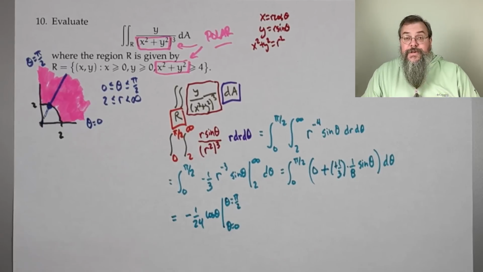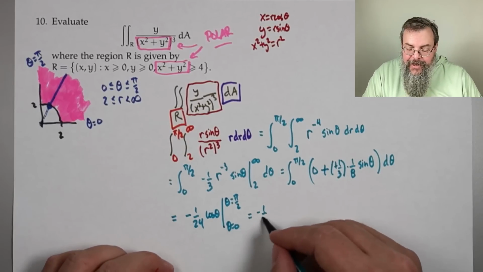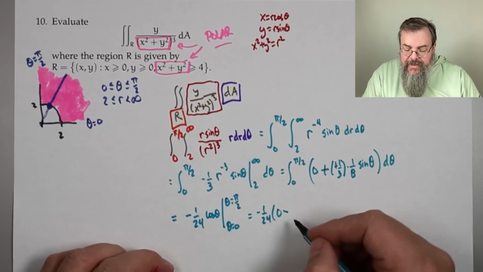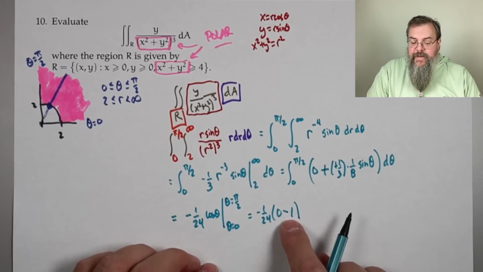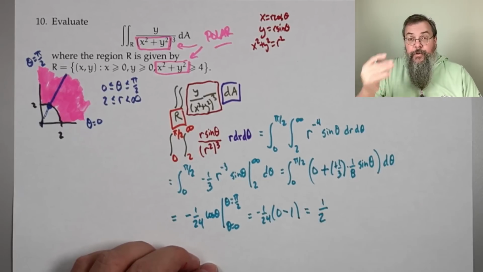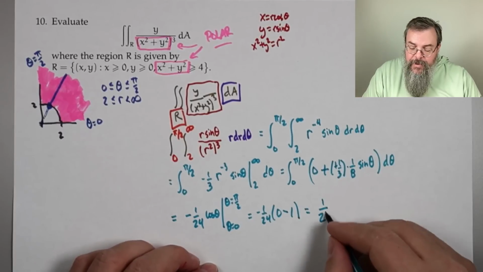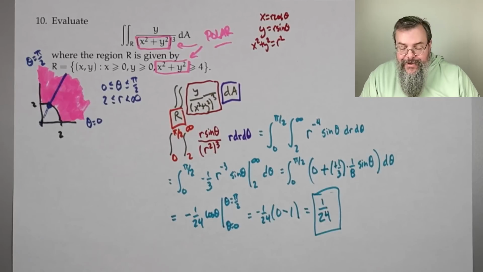Cosine of pi over 2 is 0. Okay, so it's 0, subtract. Cosine of 0 is 1. Oh, okay, so that makes a minus 1. With that minus, that leaves us with a positive number, namely the number 1 over 24. And that's our integral.